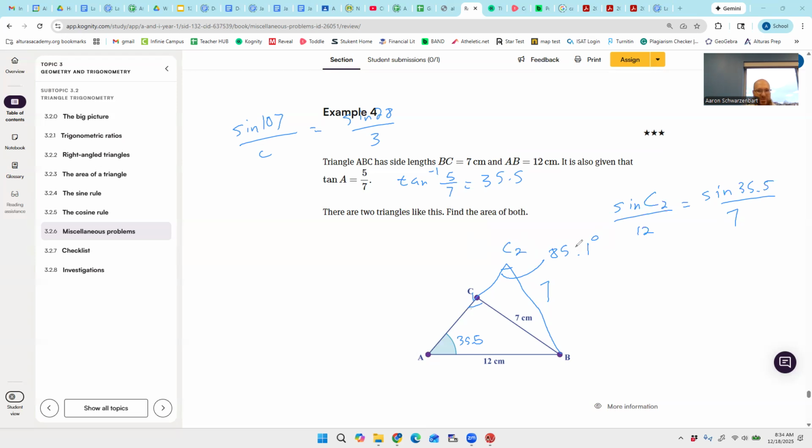The obtuse one is 180 minus that. Does that make sense, thinking about the unit circle? The sine of this is the same as the sine of that, because sines are y coordinates. So what I'm interested in is 180 minus 85.1.